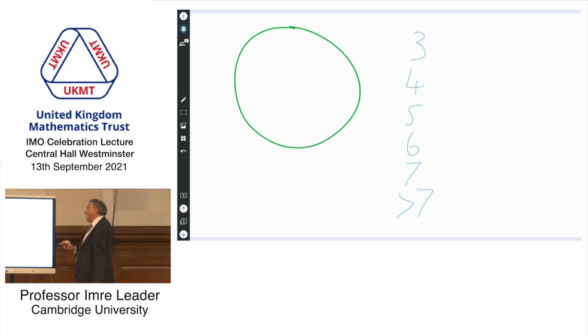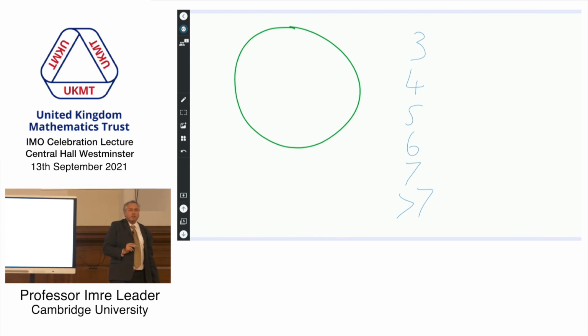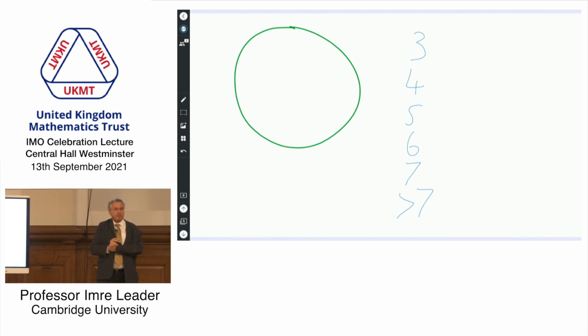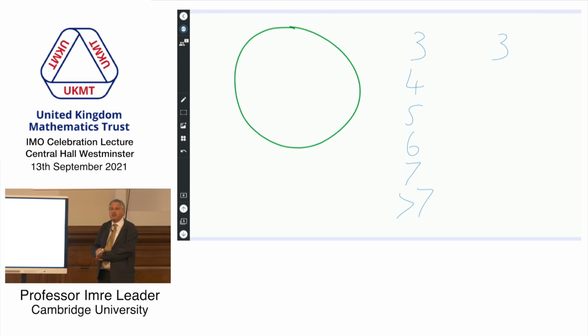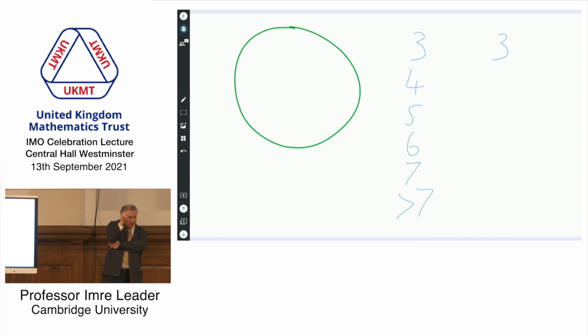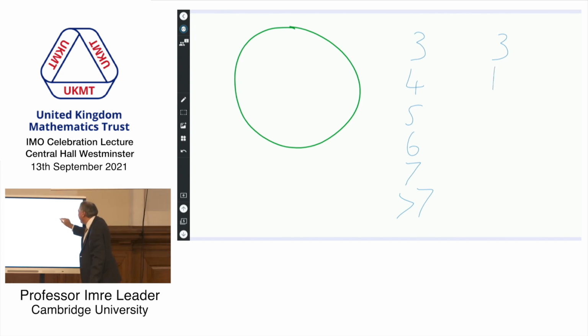So, hands: I think the answer is that 3 porters works. 3 people. Who thinks 4 is the right answer? Okay, 18 and a half. 5?